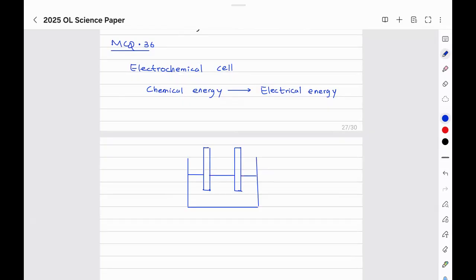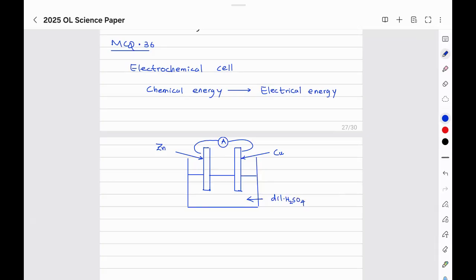In this way. So they are connected to an ammeter, right? This is zinc metal and this is copper metal. And we are using diluted sulfuric acid solution. Okay.